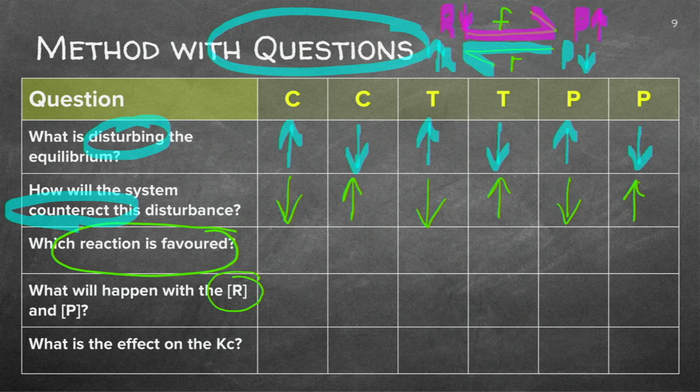It's quite logical. And then finally, what's the effect on Kc? And guys, you have to know, we've said it when we did Kc, it will have no influence on concentration, nor will it have on pressure, but it will be an influence if I change the temperature. So the Kc value is only linked to temperature.